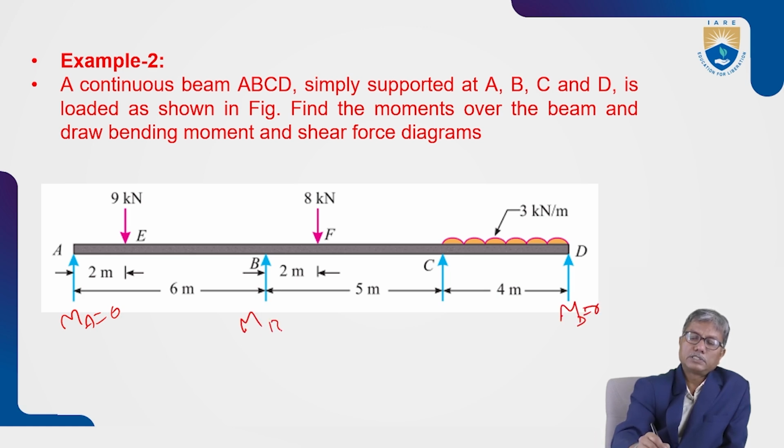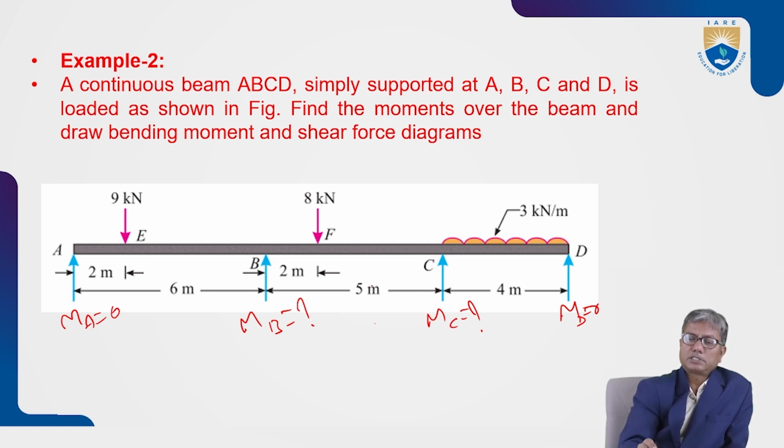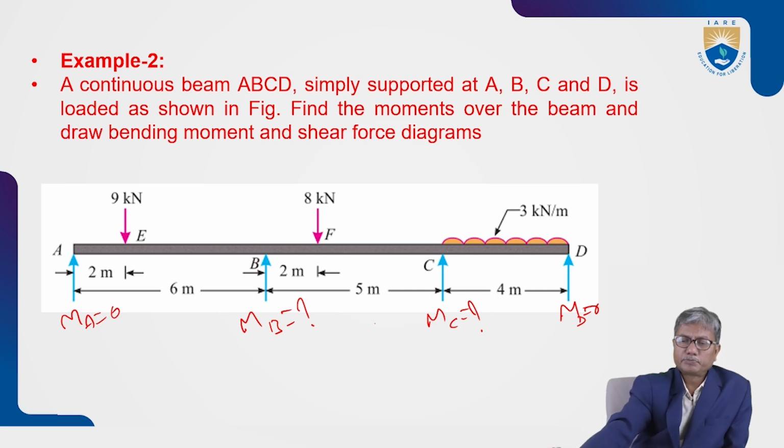So the unknown moments are at intermediate supports, MB and MC. 2 unknowns we have, and you will get 2 equations in MB and MC by applying theorem of 3 moments, once for spans AB and BC, and next for spans BC and CD, because we can apply this for 2 spans at a time.